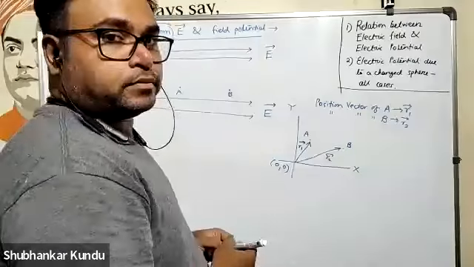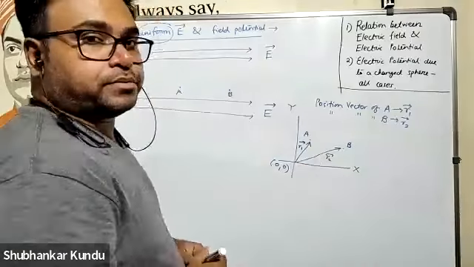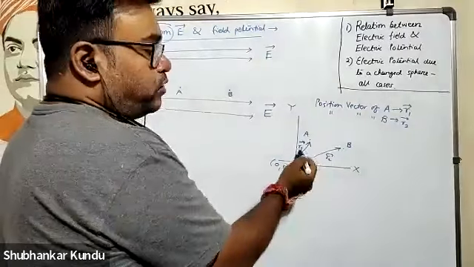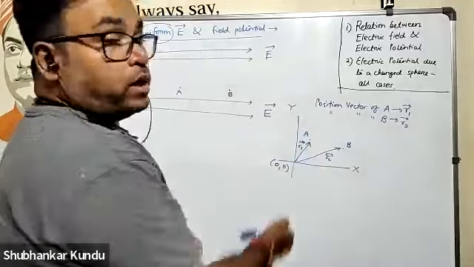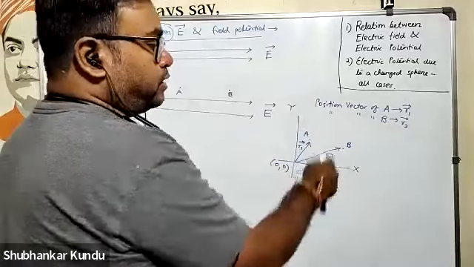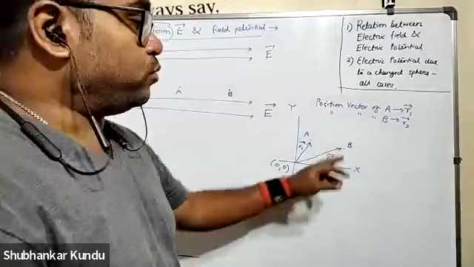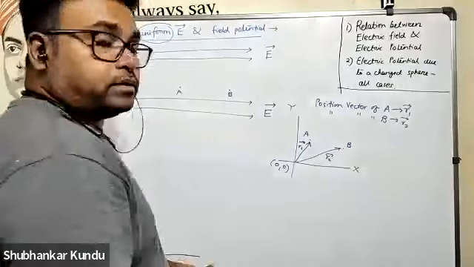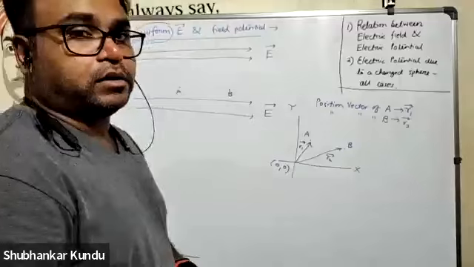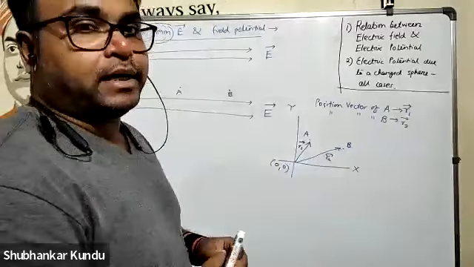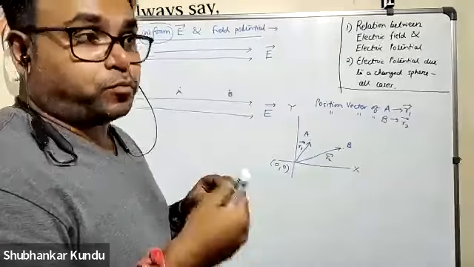So R1 vector is the position vector of point A, and R2 vector is the position vector of point B.